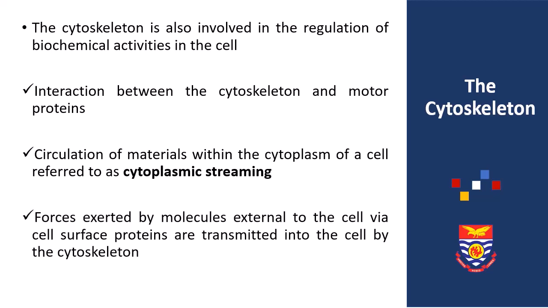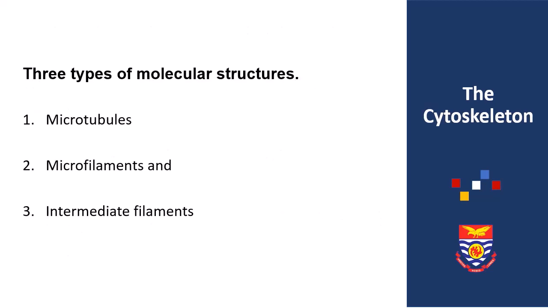The cytoskeleton is able to take up force that is exerted by an external molecule, and it can be transmitted into the cell by this cytoskeleton. Three main types of molecular structures constitute the cytoskeleton, and these are the microtubules, microfilaments, and intermediate filaments.